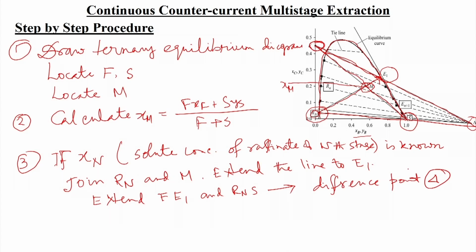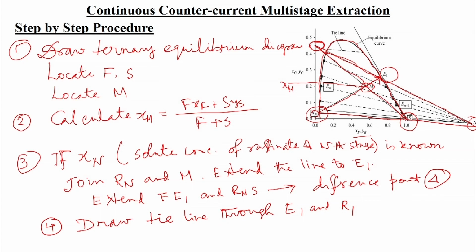Okay. Now, the fourth stage will be like this: draw the tie line, just like whatever we have done in the other extraction processes. So, we need to draw the tie line through E 1 and R 1 like this.